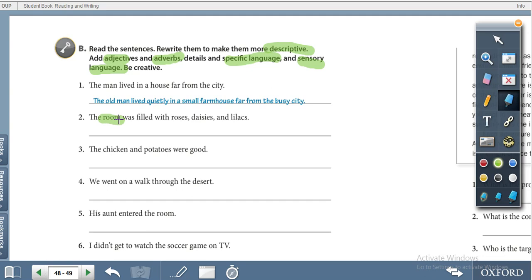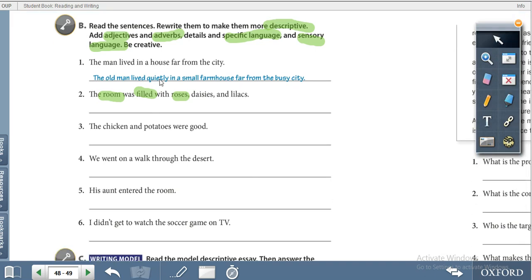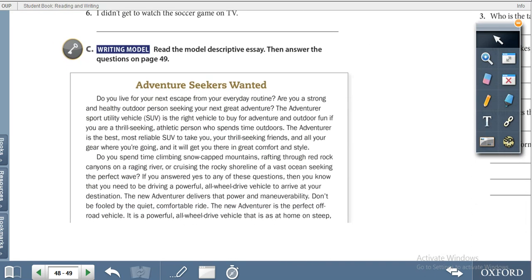If there is a noun, you write an adjective with it. If there is a verb, you have to write an adverb, and also you can use specific language and sensory language to describe them, to rewrite these sentences.